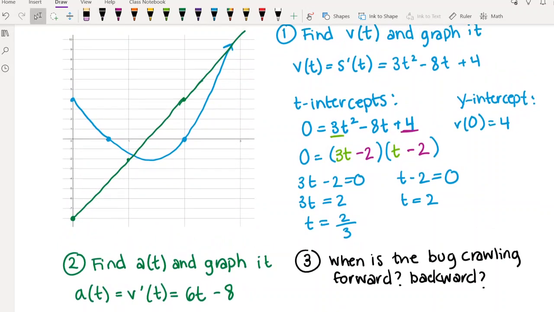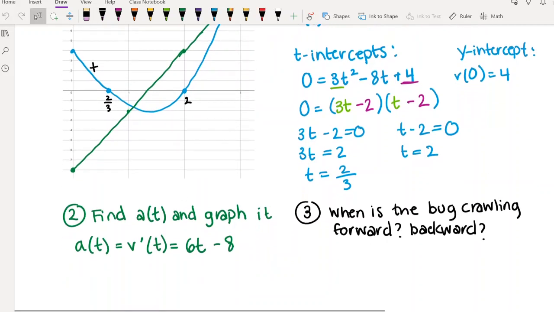We just want to look at the velocity and figure out when the velocity is positive and when the velocity is negative, right? Because when the velocity is positive, that tells us the bug is crawling forward. When the velocity is negative, that tells us the bug is crawling backward. So looking at our velocity graph, we can see that it is positive from the start, 0 seconds, up until 2/3. So let me put that point on here. This was t equals 2/3, and this is 2. So that tells us that the bug is crawling forward.